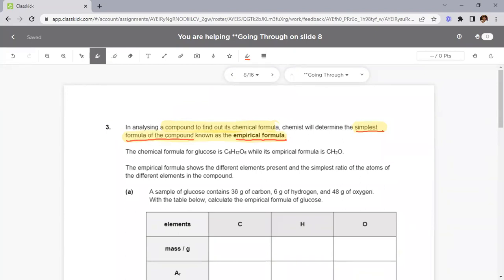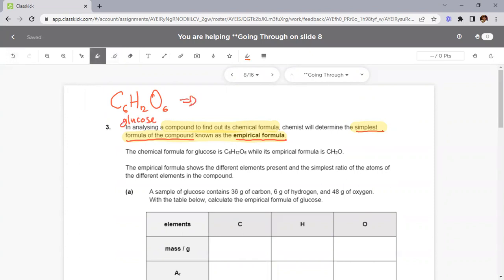One example would be sugar, C6H12O6. To be more precise, this is glucose.